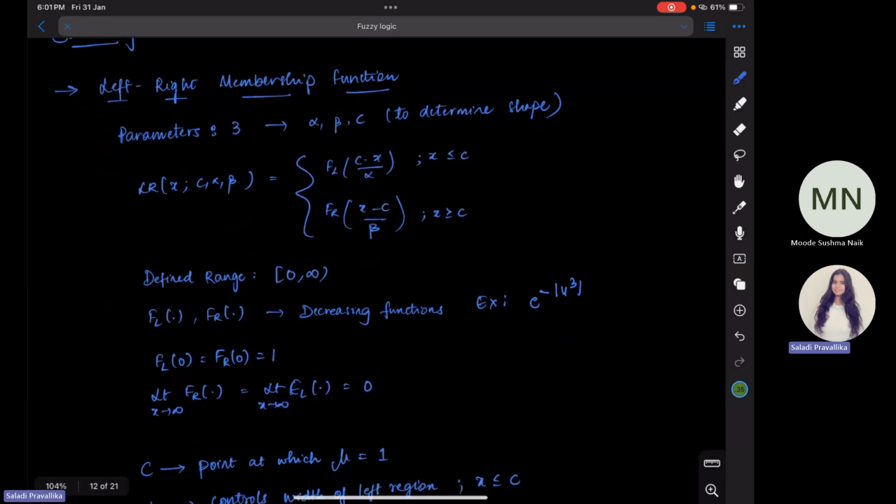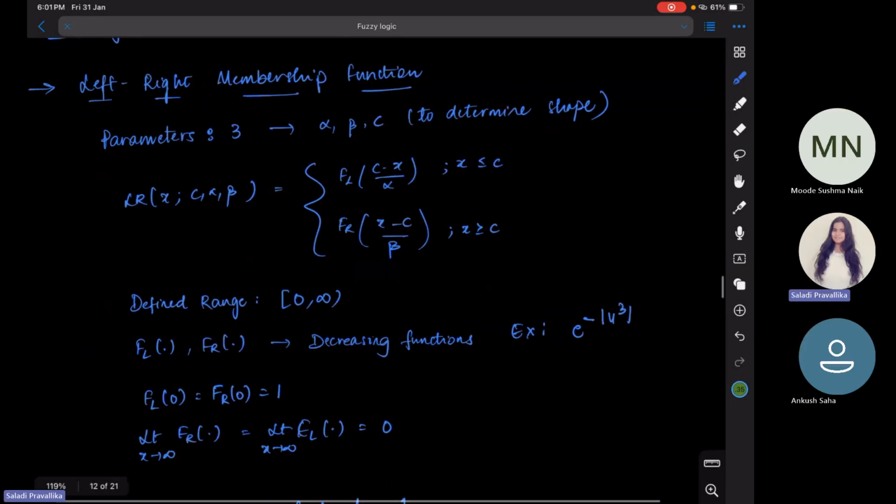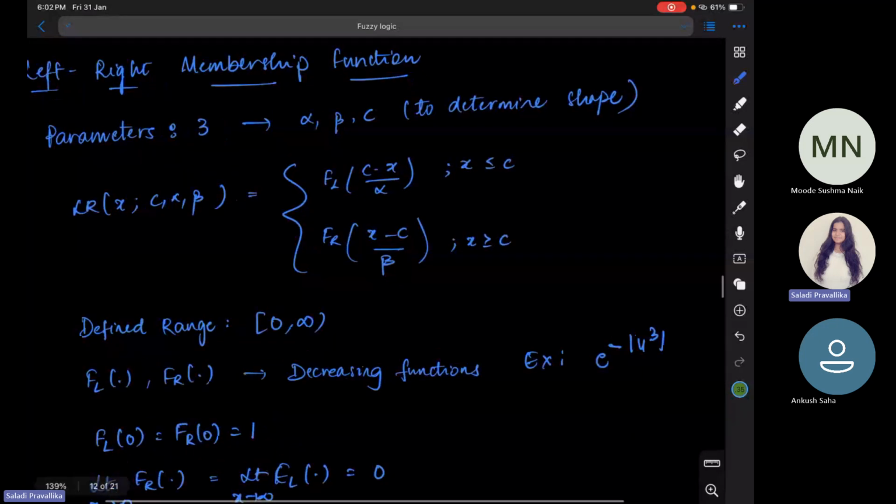So the left-right membership function of X is defined with these parameters, but we write it as C, alpha, and beta. When X is less than or equal to C, and when X is greater than or equal to C, we have different function equations. For X less than or equal to C, this is the function, and for X greater than or equal to C, this is the function.